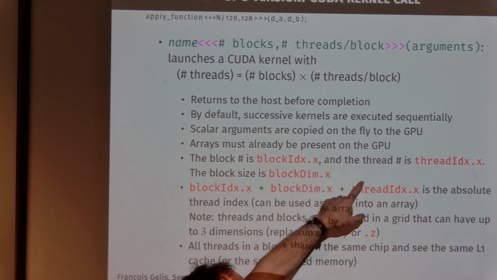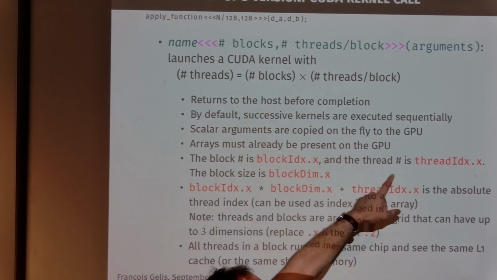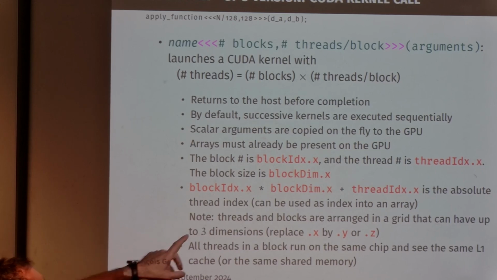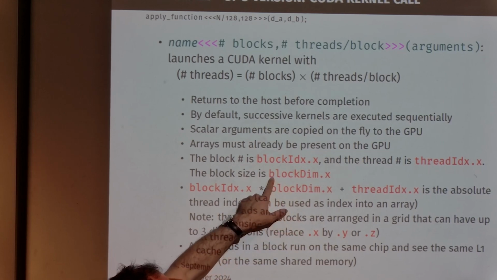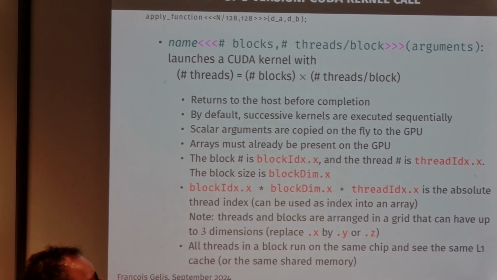And then since within a block, in my example, there are 128 threads, threadIdx.x is a number that enumerates the threads within a block. So it's a number that goes from 0 to 127 in this particular situation. And then there is a third number which appears in the calculation of this index. It's blockDim.x, which is the size of a block, so 128 in this case.